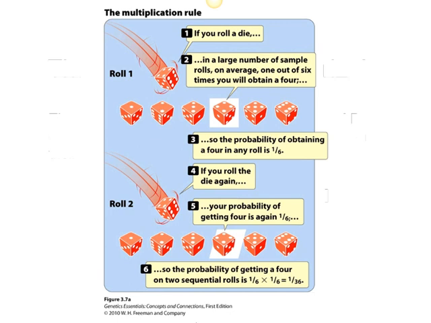So the probability of getting two 4s equals the probability of getting one 4 times the probability of getting one 4 in separate rolls. If the probability of getting a 4 is 1 out of 6, then the probability of getting two 4s is 1 out of 6 times 1 out of 6, which is 1 out of 36.